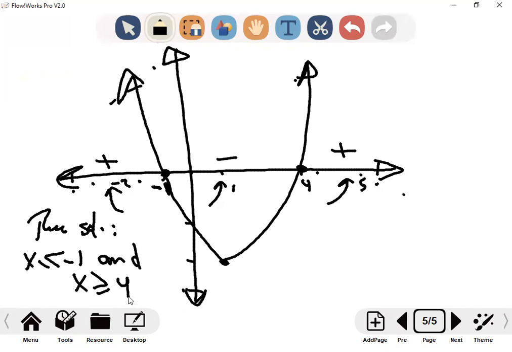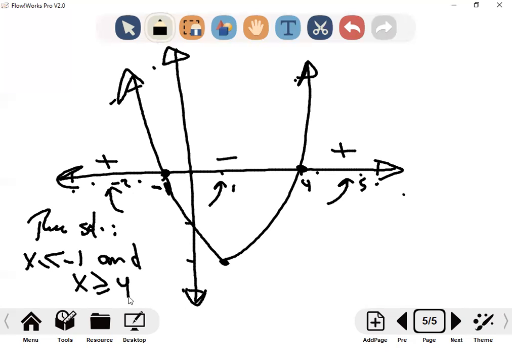Now, but you need to know which part. The solution is not negative 1 and 4 only. The solution is not x equal negative 1.